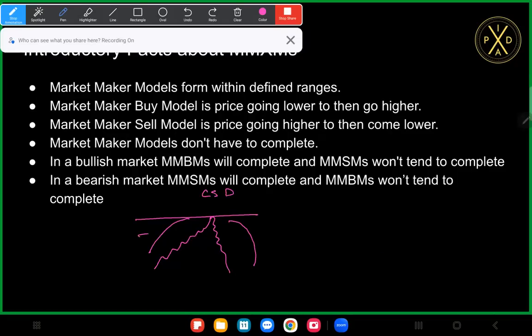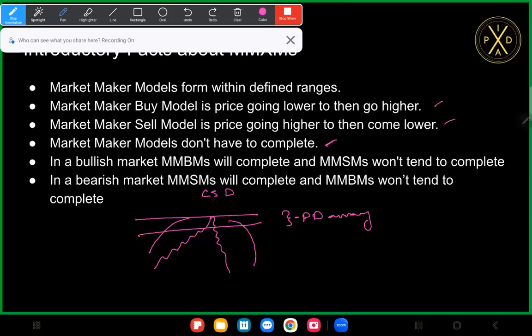And we understand that that something is a PD array. So during a market maker sell model, price is going up to meet a premium array or a bearish PD array. And then once it meets that PD array, price will then change its state of delivery, and then it'll start coming lower. All right, so now that we got these 2 points out of the way, let's go over this one right here.